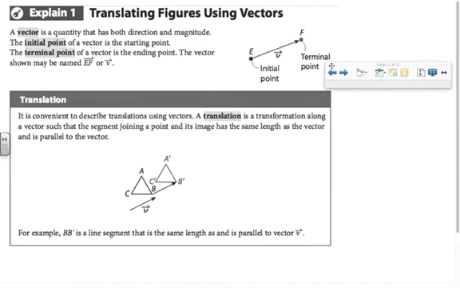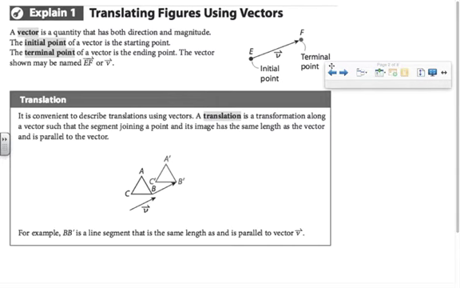Here we're talking about some of the vocabulary associated with translations. We use vectors frequently to perform translations, and a vector, as you can see, is a quantity that has direction and magnitude. So magnitude you can think of as a length, and direction naturally is a direction.